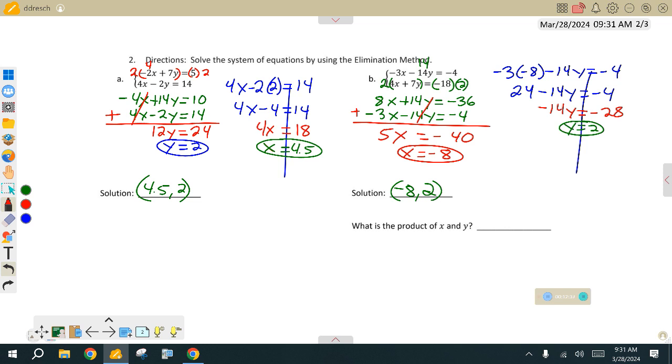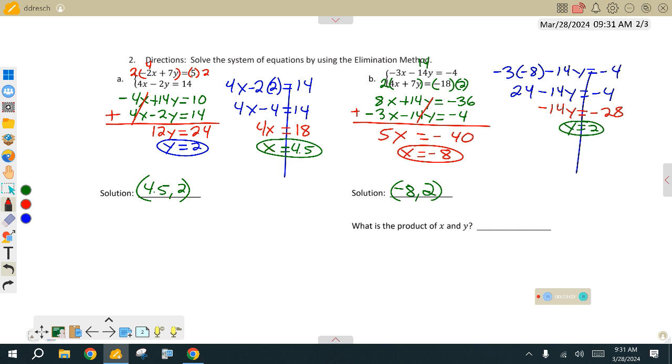What's the product of x and y? So SAT will ask you sometimes what's your solution, and you're done. But SAT will sometimes give you a system like we solved, but instead they're going to ask you, what's the product of x and y? So what's your answer going to be?